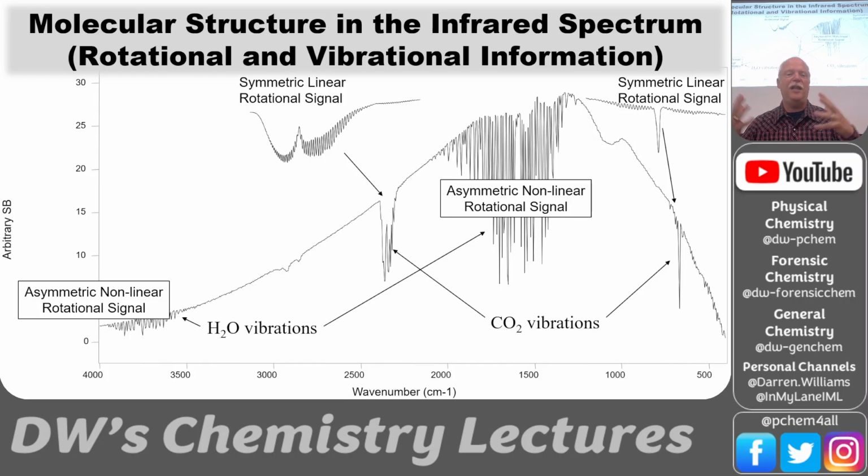Do you see a clean P and R branch, or P, Q and R branch, on water? No, because there's really three overlapped. Water has three rotational constants, not just one. A linear molecule has lost the rotation around the axis of the molecule. That doesn't exist because there's no mass off the axis.